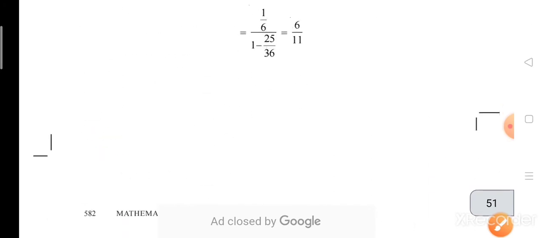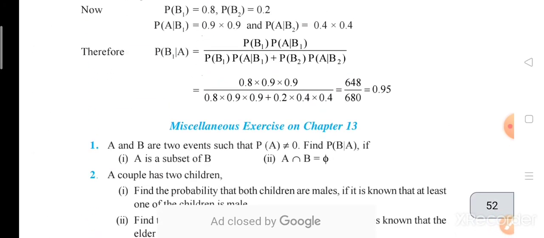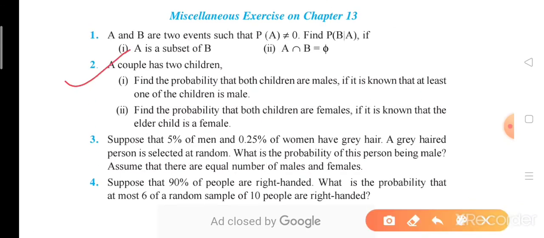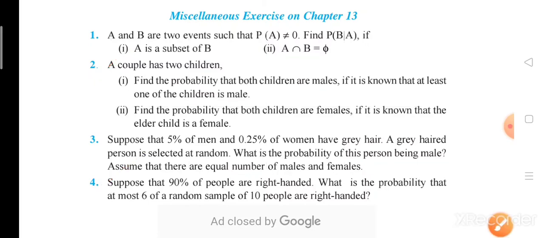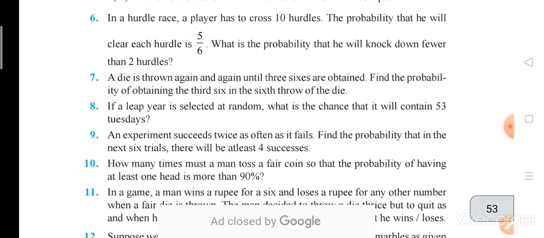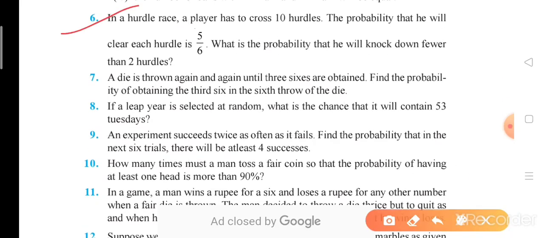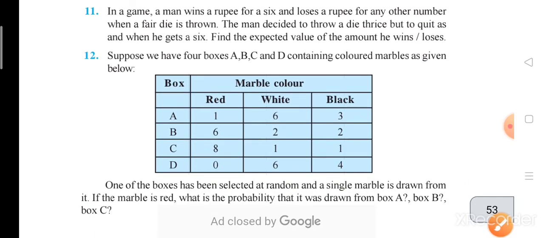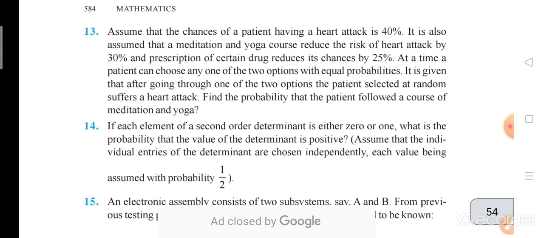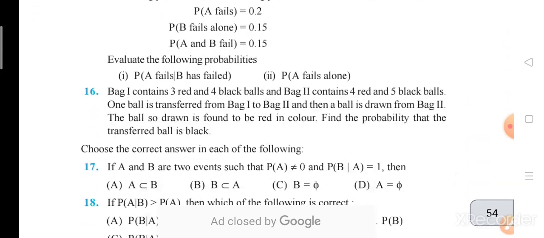And if we talk about the exercise, from the miscellaneous exercise of chapter 13, important ones are question number 2, 4, 6, 8, 10, then we have 11 and 12th is last. Now here we have also question 13, 14 and 15.